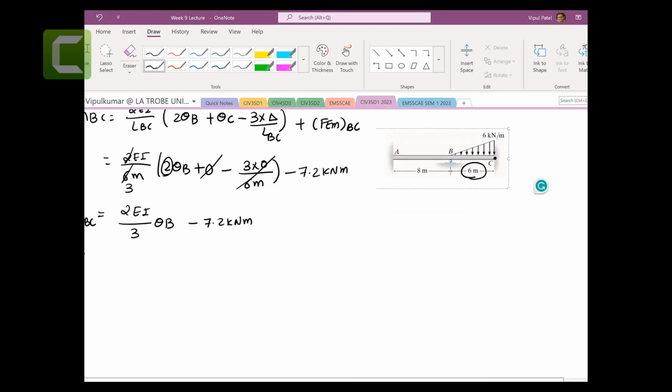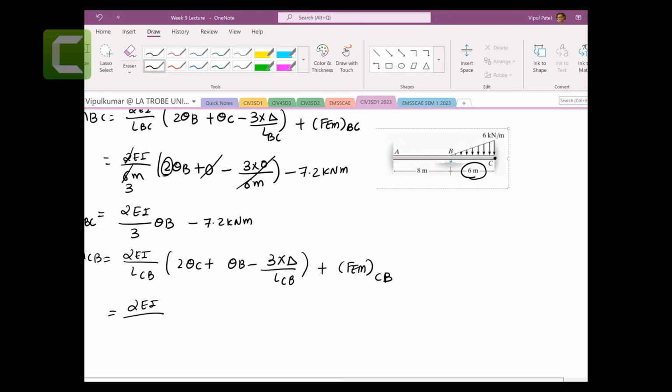We can do the similar for MCB, equal to 2EI on length LCB times 2 theta C plus theta B. Every member has these two internal moments, so you can calculate those two moments. So 2EI on length BC, which is 6 meters, times 2 theta C, and theta B is 0.